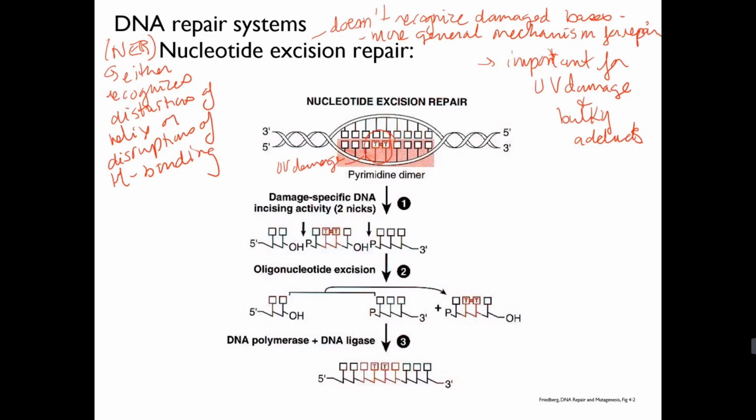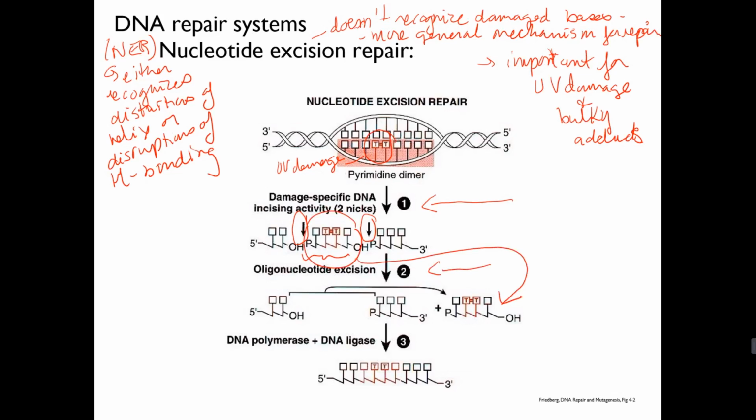There's a specific incision of only the damaged strand in two positions flanking the DNA damage. That's step number 1. We get incision 1 over here and incision 2, and it encompasses that specific damage. This damaged oligonucleotide is then removed, and that occurs in position 2. So we've basically taken that damaged area and cut it out.